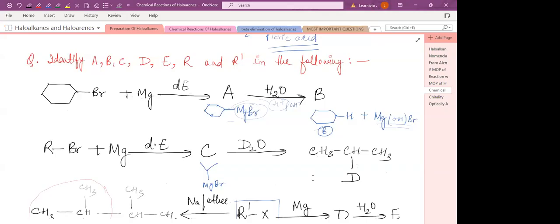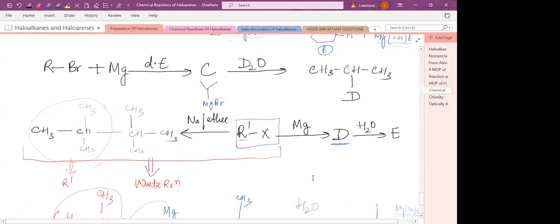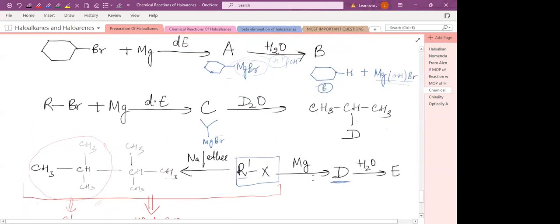Over here only two reactions were discussed. The first reaction is the Grignard reagent: when the alkyl halide reacts with magnesium in the presence of dry ether, it gives you the Grignard reagent. After that, when you hydrate the Grignard reagent, in the presence of water, you get something different. Then there is also Wood's reaction, and there are two types of reaction in this.